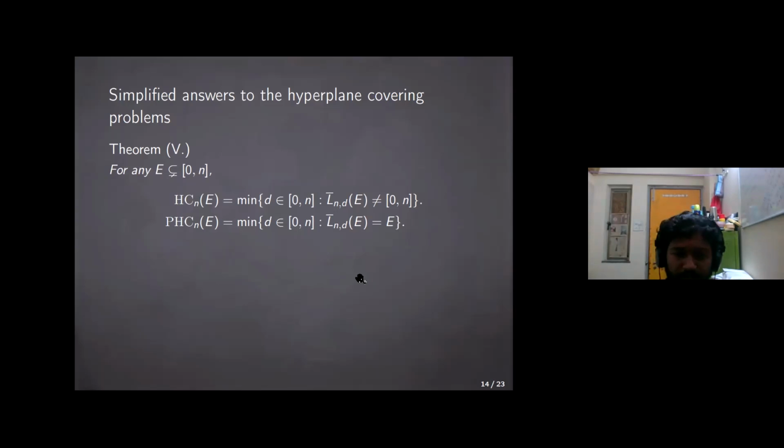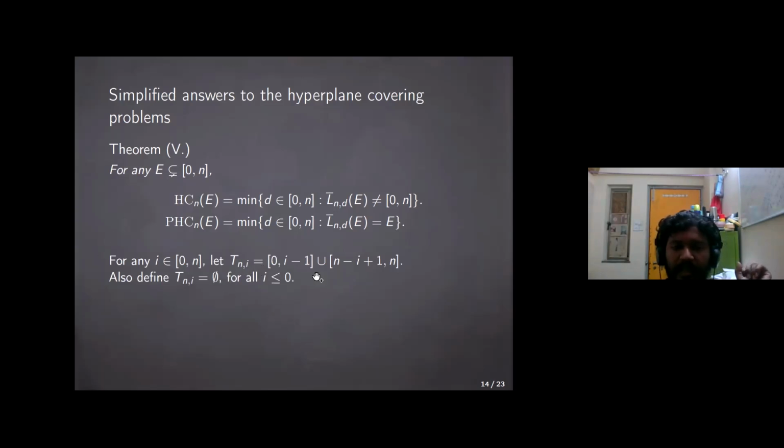We can actually simplify these two conditions and write it in an easier fashion. So for any I, let me just call T n comma I to be the union of the two initial and final segments of length I, 0 to I minus 1 and n minus I plus 1 to n. And for I less than 0, I'll just call it the empty set.